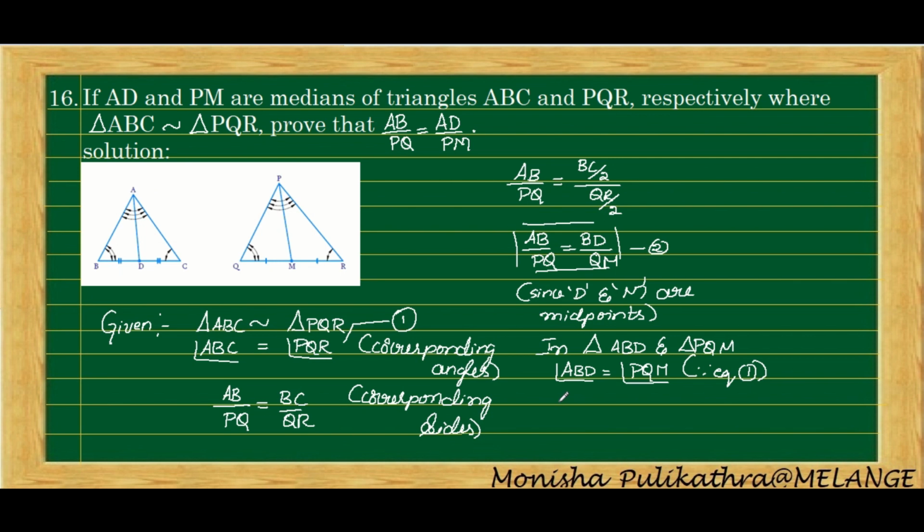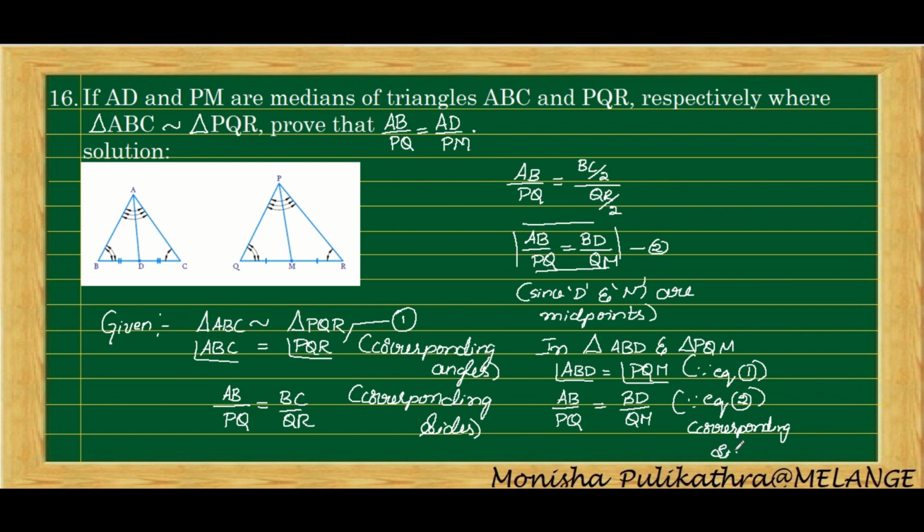Next, AB by PQ is equal to BD by QM. This is by equation 2, that is corresponding sides. So AB by PQ is equal to BD by QM.